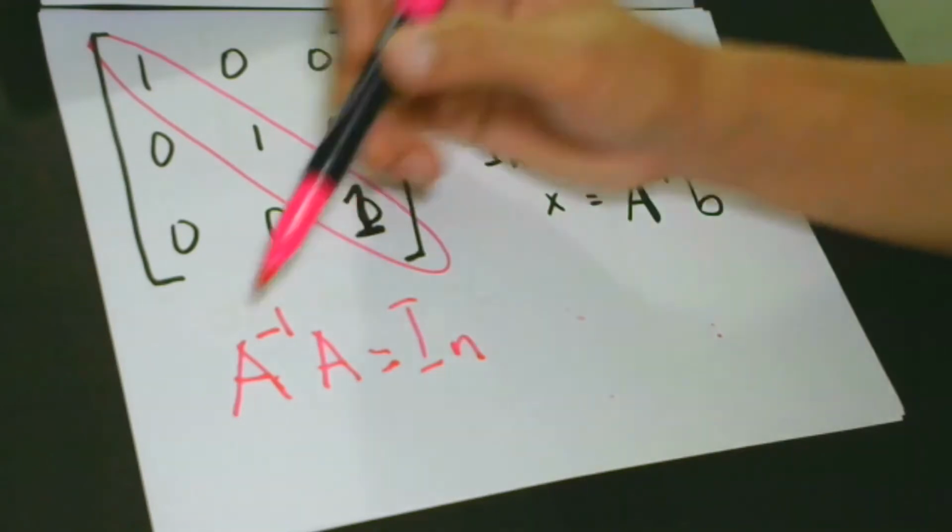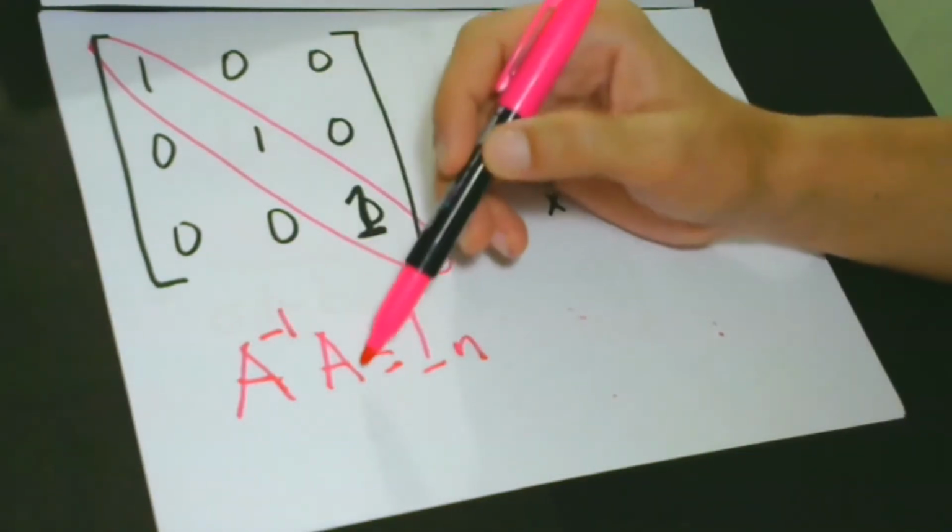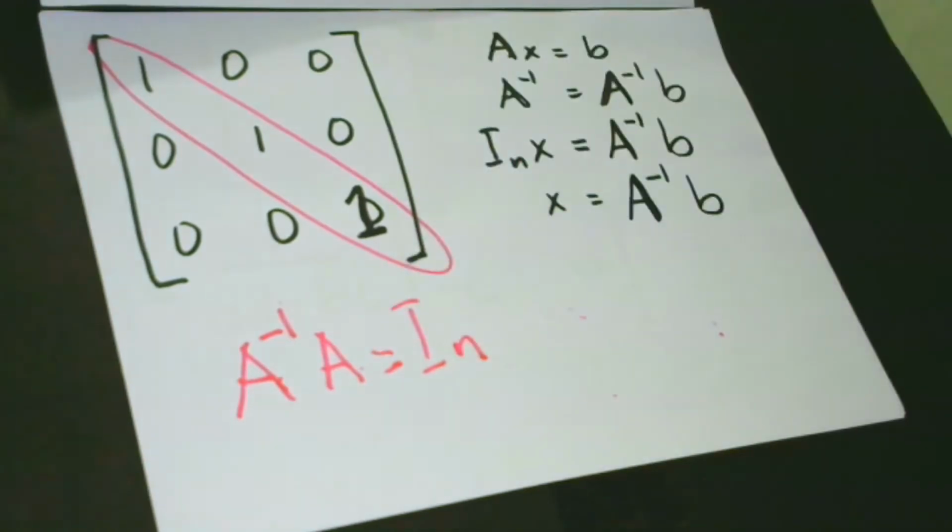So again, the -1 here means that A^-1 is the inverse of A. Later in our example, we will have a concrete understanding of that.